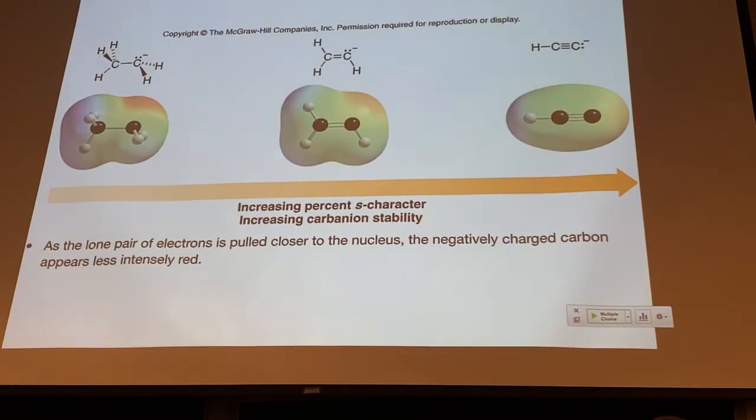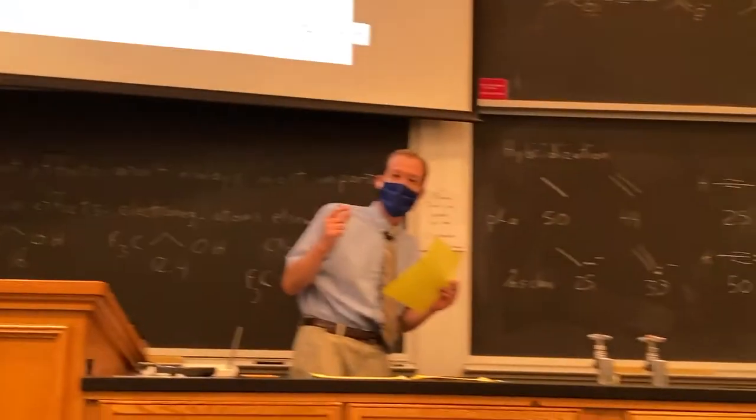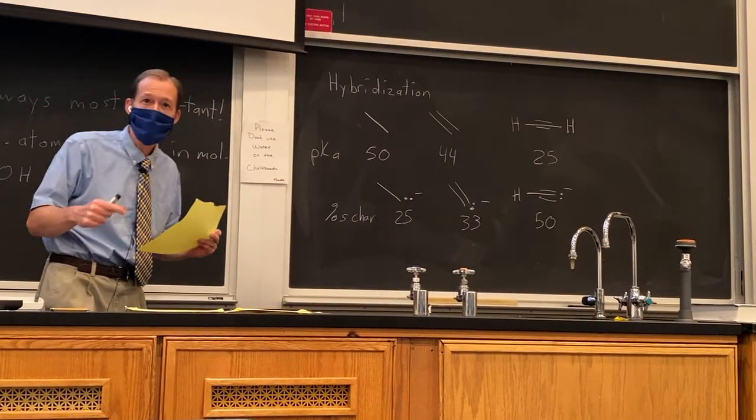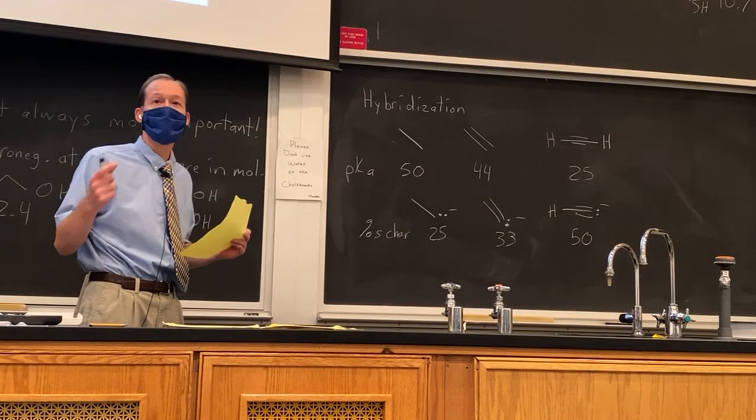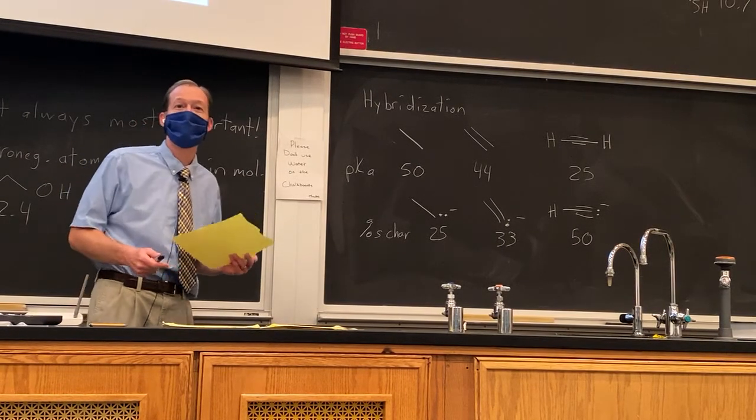Okay, so you're saying that this, because it is less acidic, must have a stronger carbon-hydrogen bond, right? But that doesn't fit with what we learned last week when we said that the shorter bonds were stronger, and we said that the bonds to the sp hybrid orbitals would be shorter. So higher percent S character means shorter bonds and stronger bonds, okay?